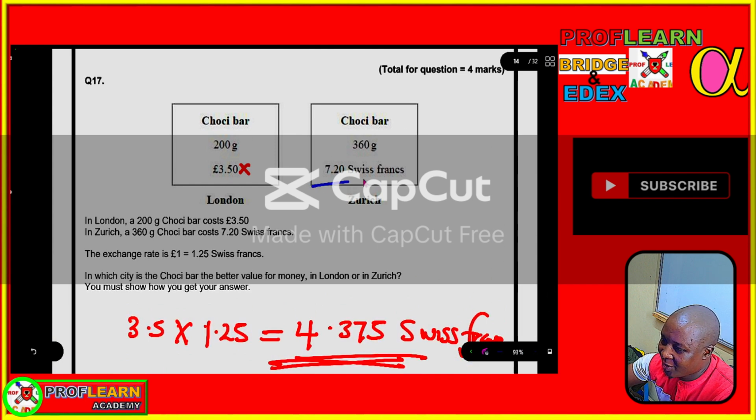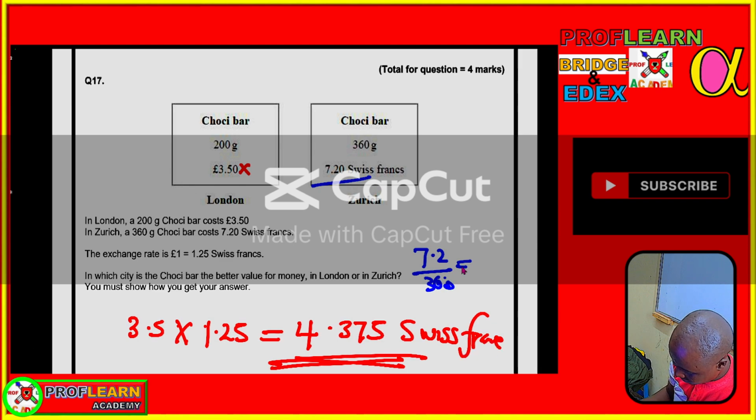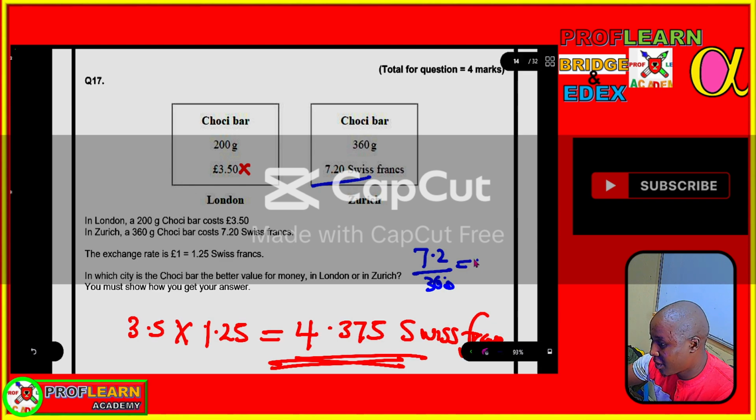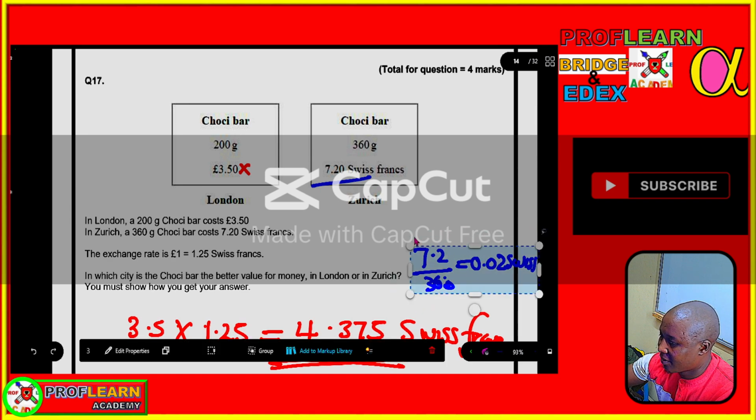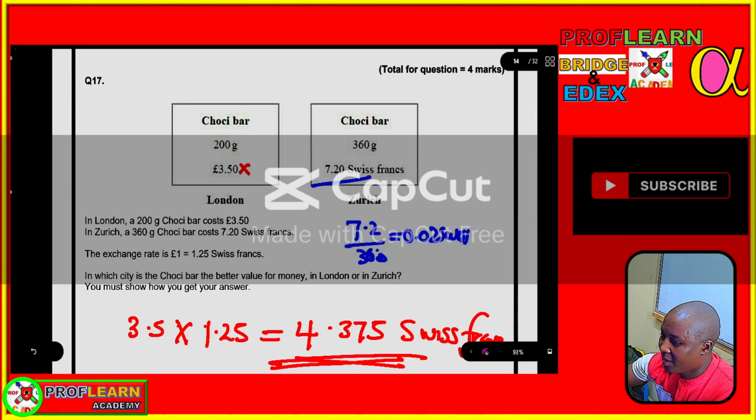And this one is 7.2 Swiss francs divided by 360, which is going to be 0.02, this is in Zurich, per gram.